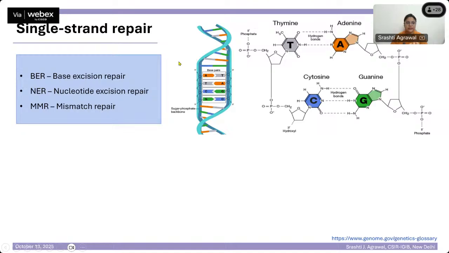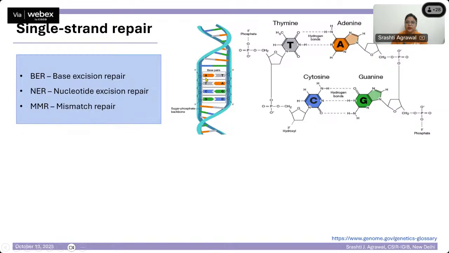So, in the single strand repair, we have base excision repair, nucleotide excision repair, and mismatch repair. DNA is formed from these four bases: thymine, adenine, cytosine, and guanine. And in base excision repair, the sugar phosphate backbone is maintained as such.